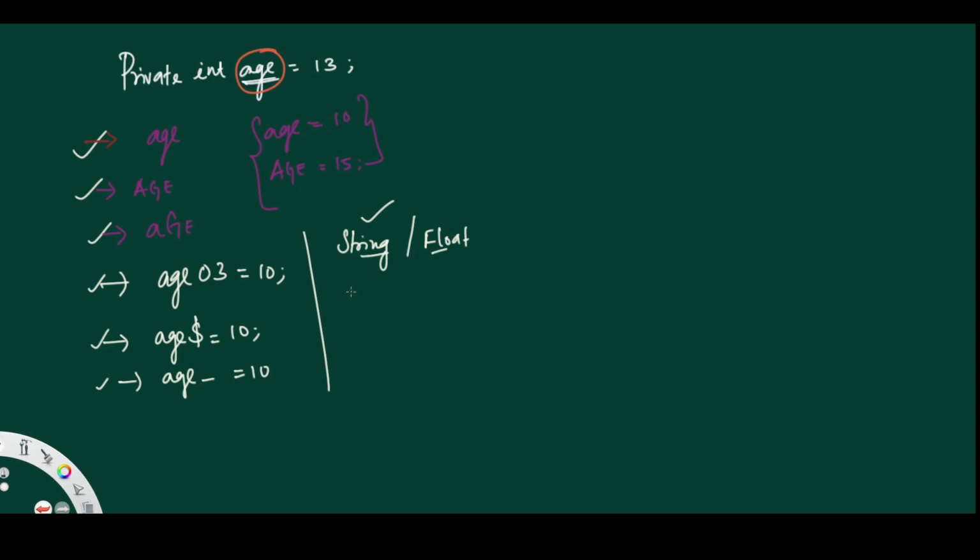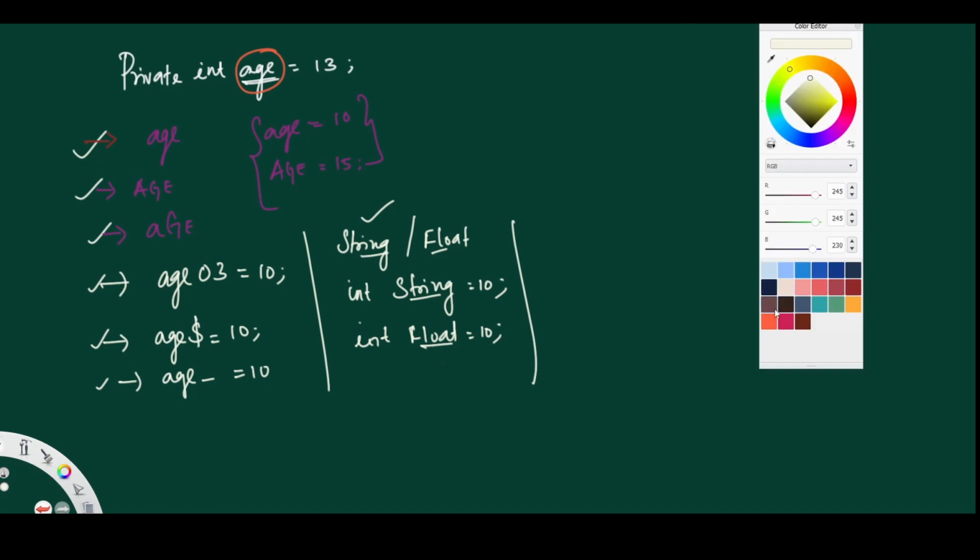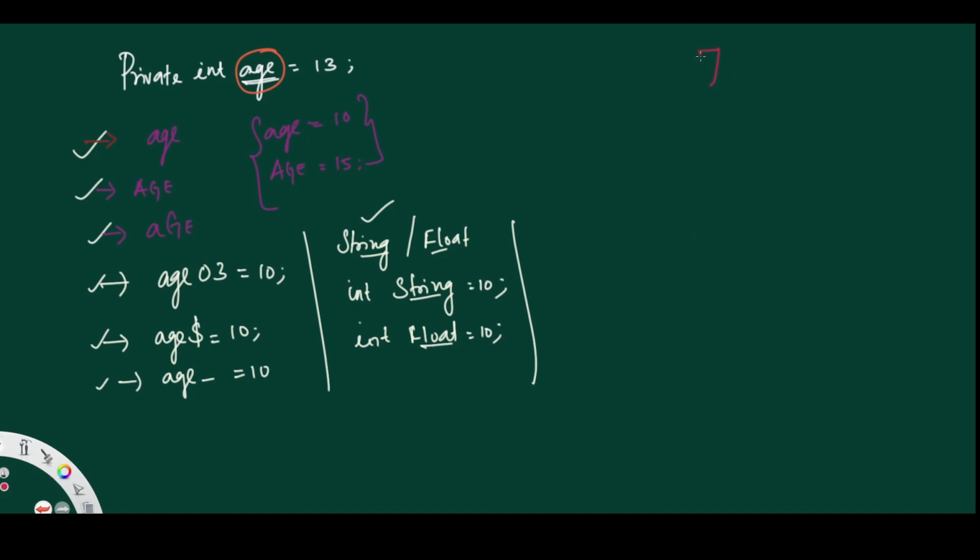Java will allow you to have an identifier like string equal to 10, integer equal to 10, float equal to 10. These are all valid identifiers. Even though these are valid, it's not a best practice to use predefined classes as identifiers.